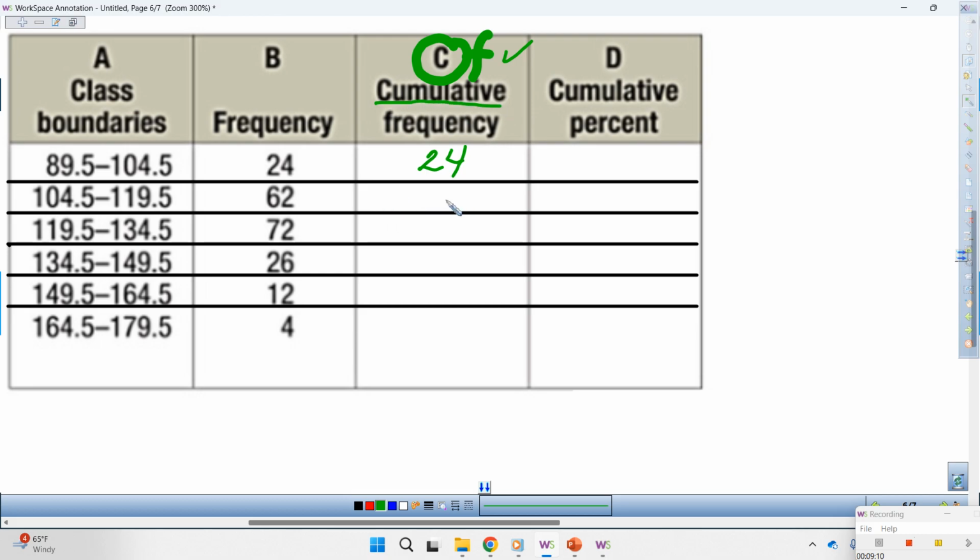All right, talk to your neighbor, let them know what number goes here for the second class for cumulative frequency. Then Aaron's going to enlighten us. All right, good discussion. Aaron, go. Very good. 86. Hands if you got 86.